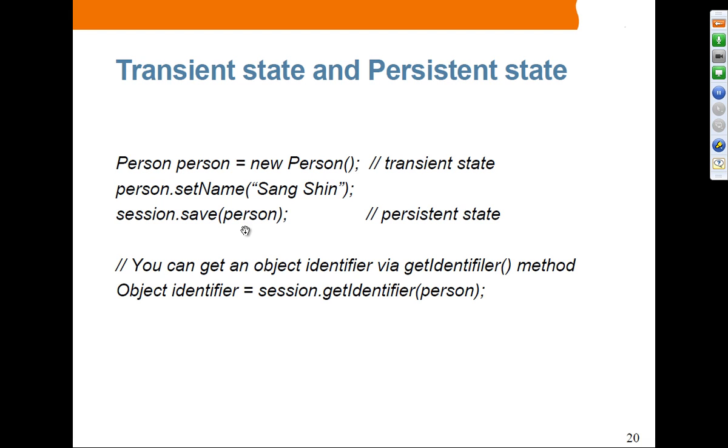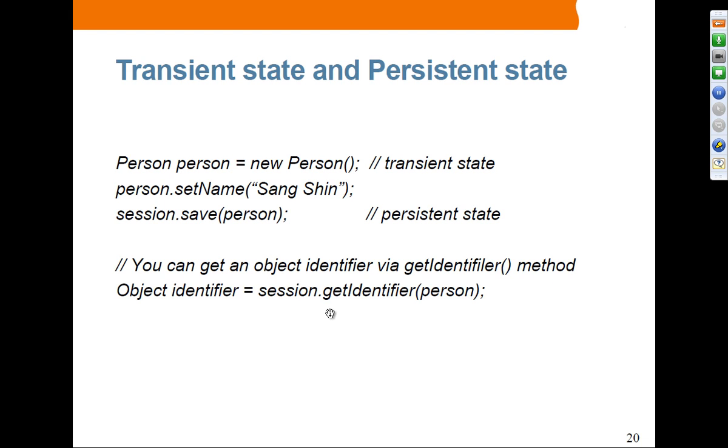So when you now commit the transaction, this Person object will be reflected in a table. Meaning, if it is the first time being saved, then a new row will be added. If it is an object that reflects an existing row in a table, then the row will be updated. You can also get the object identifier: you can call getIdentifier with the Person object, and it will return this object identifier. In fact, the session also has a method called contains.